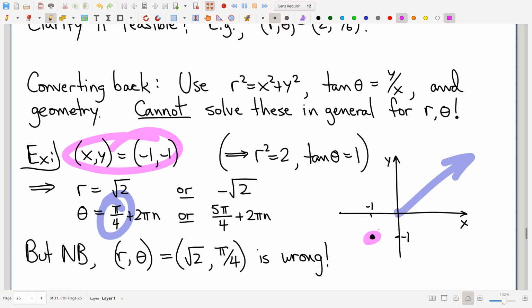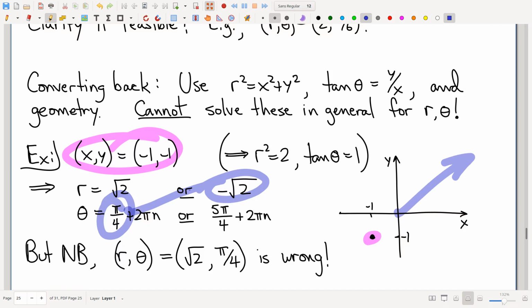Perfectly obvious from the picture. Clearly I need to go opposite, which means that I will pick minus square root of 2 for my r there. Everybody happy?